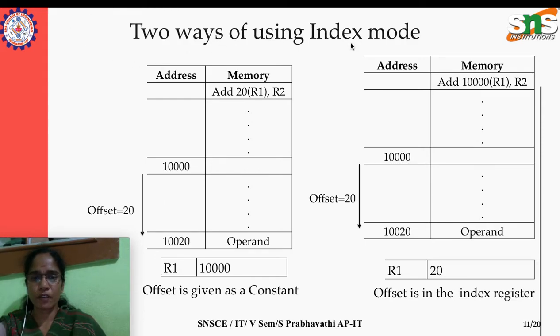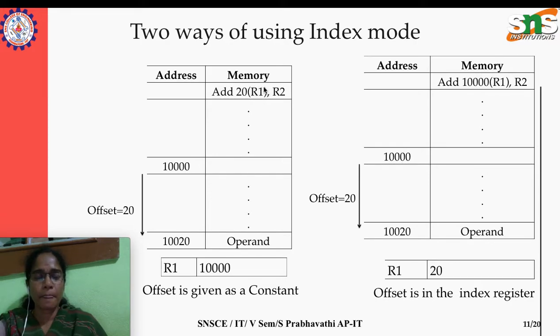There are two ways of using the indexing mode. Here the offset is given as a constant, offset being X. Here we have an instruction: add 20(R1), R2. As I said, if something is mentioned within brackets, that is a memory location.